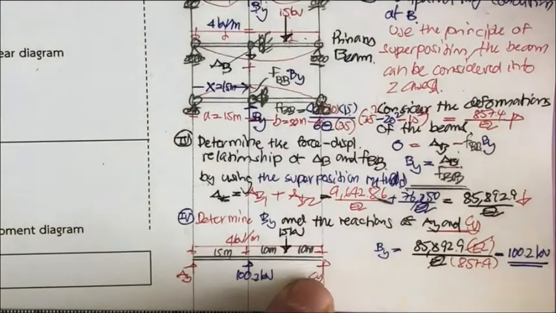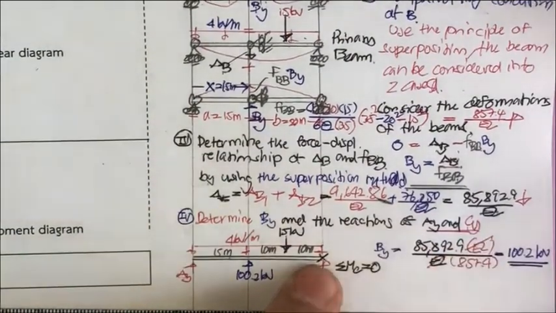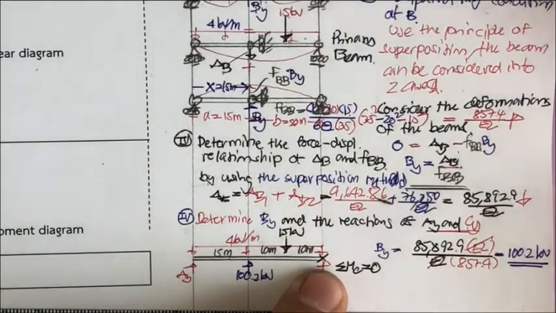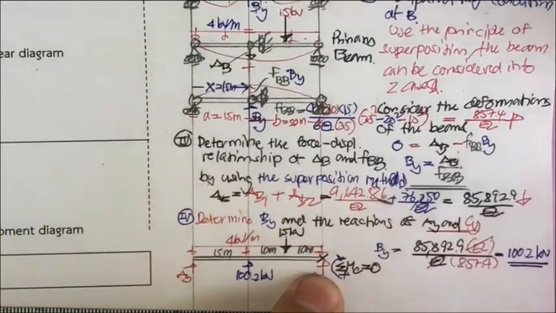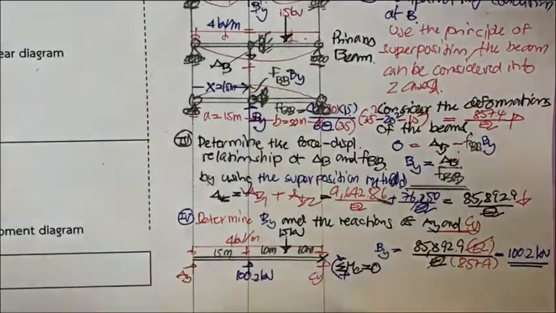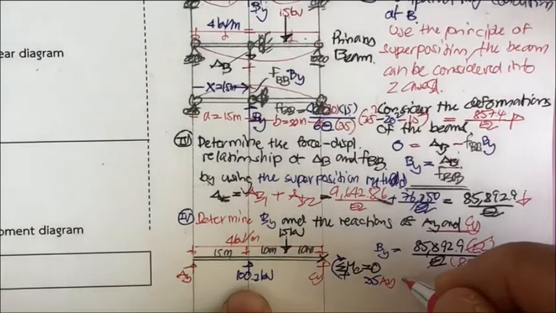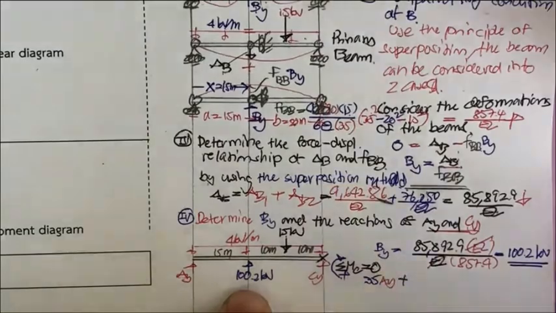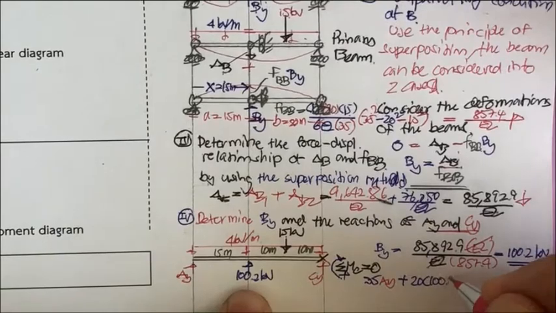You may take the moment. Let me take the moment here. Summation of the moment at C equal to 0. We're going to determine A sub y. So A sub y is positive, 35 A sub y, since A sub y is 35 from here, right? And this one rotates in the same direction, plus. This is going to be 20, right? So 20 times 100.2.